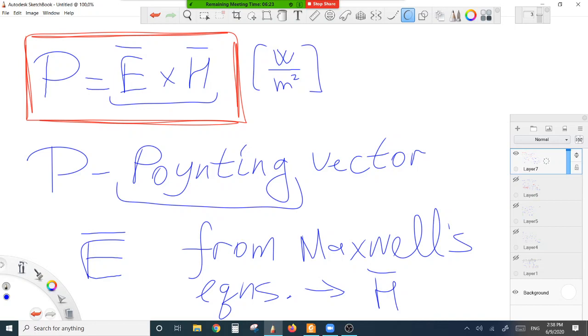After that, we can find the direction of propagation of the wave that we are examining.